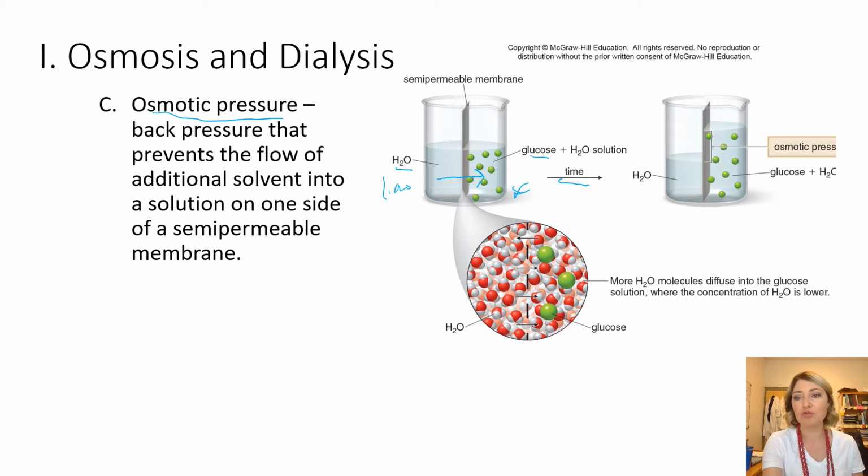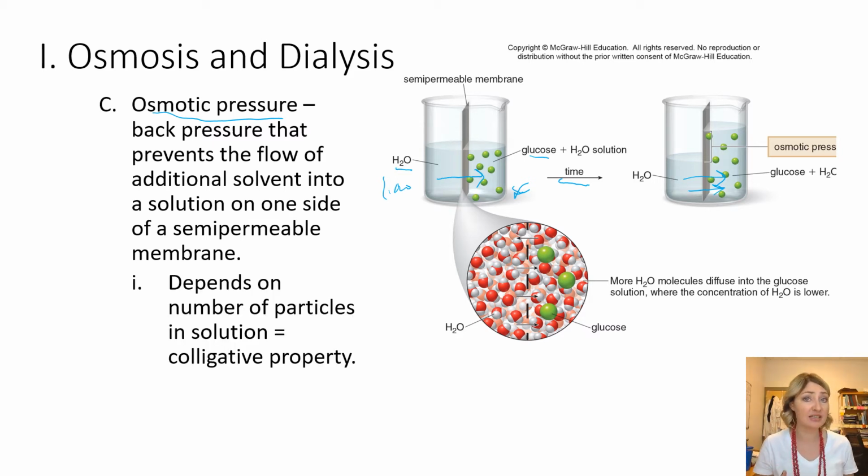We have the movement of water to one side of the membrane, and at some point, as you keep adding water across this membrane, you're going to get an increased pressure on that membrane. Eventually, that back pressure will prevent the flow of additional solvent into a solution on one side of the membrane. So at this point, we can call this the end point. You can no longer get any more water over that semi-permeable membrane. You have reached the maximum amount that it can go.